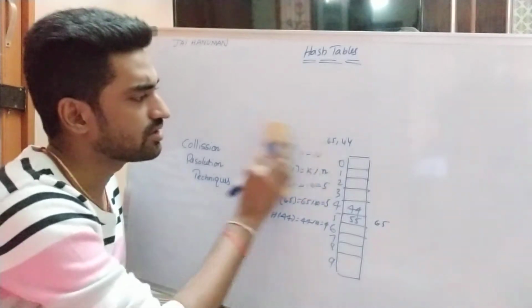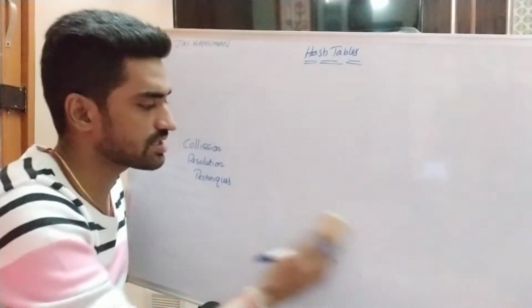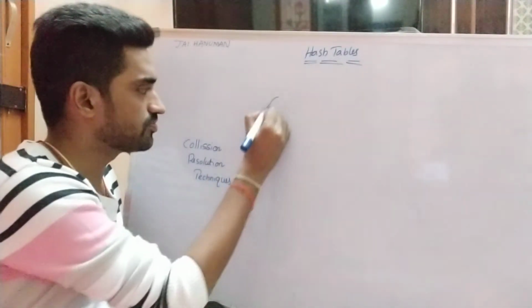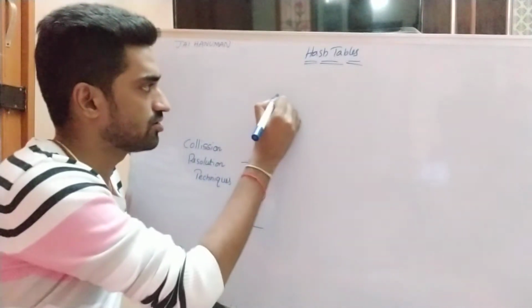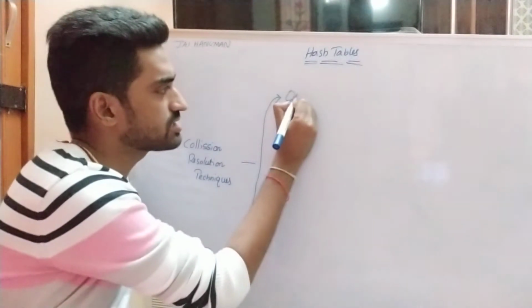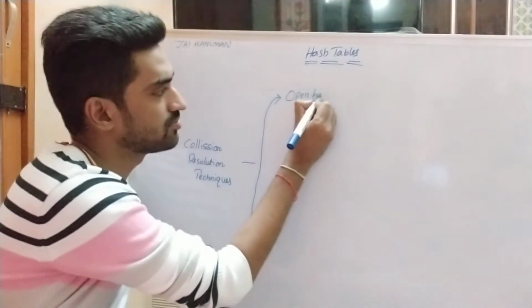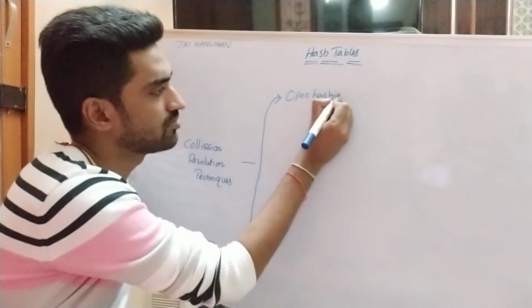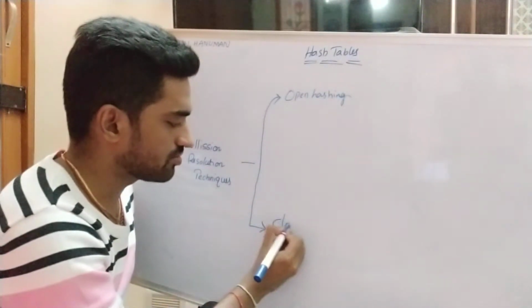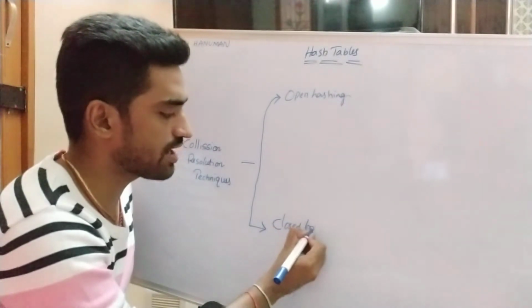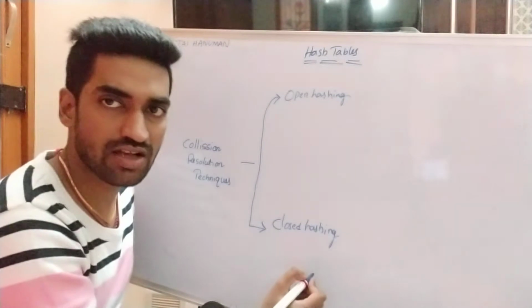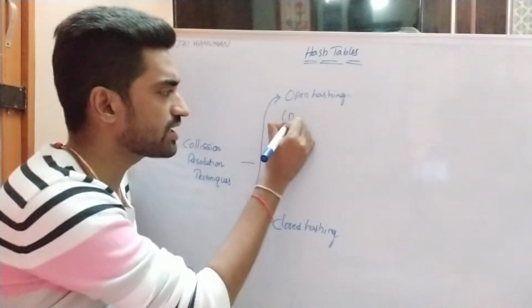Generally, collision resolution techniques can be classified into two categories: open hashing and closed hashing. Open hashing is also called dynamic hashing.